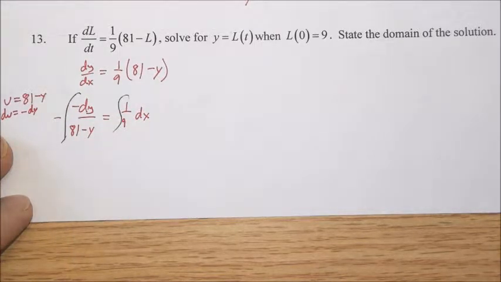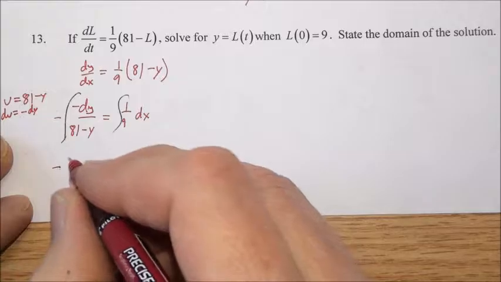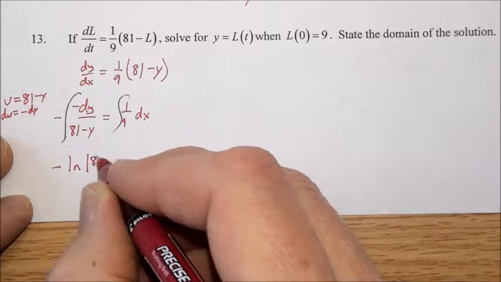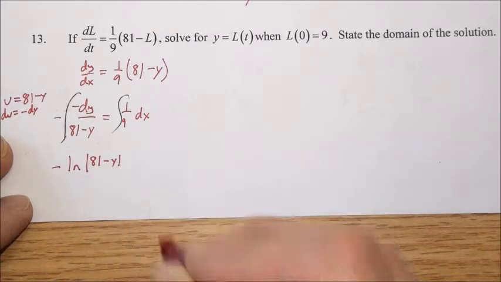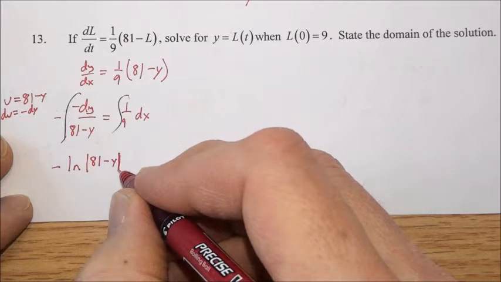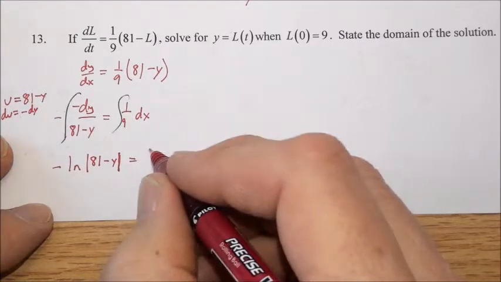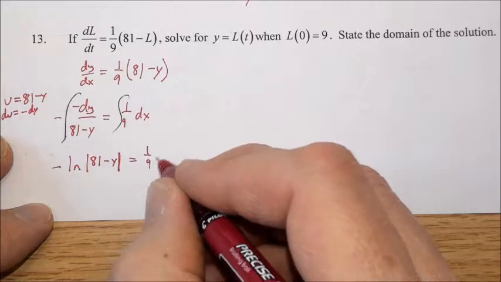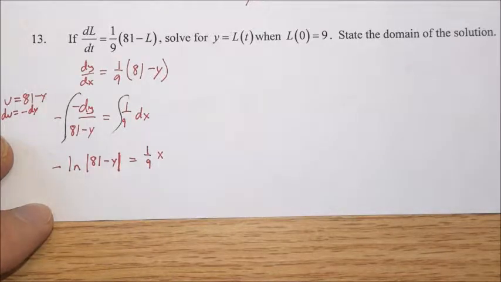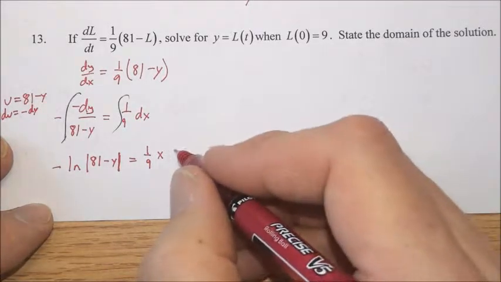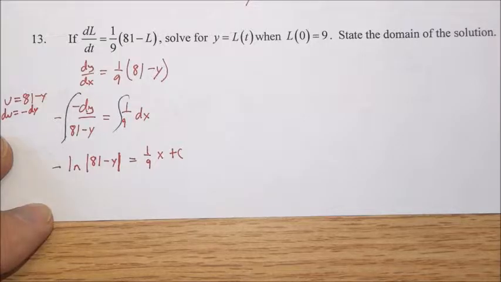So when we do our antiderivative, we'll have negative natural log absolute value 81 minus y. Over on the right side, we just have 1/9 of x. That's step 2, antiderive both sides. Plus c. There's step 3, done.